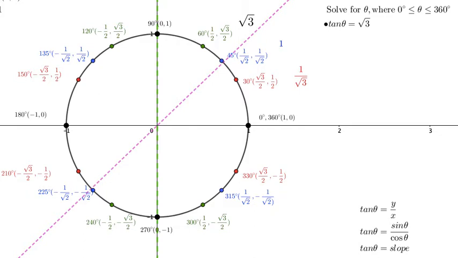Well, 1 over root 2 divided by 1 over root 2 is going to be 1. So the tangent of 45 degrees is equal to 1. So really, we know the tangent of many of the angles through grade 10 mathematics.